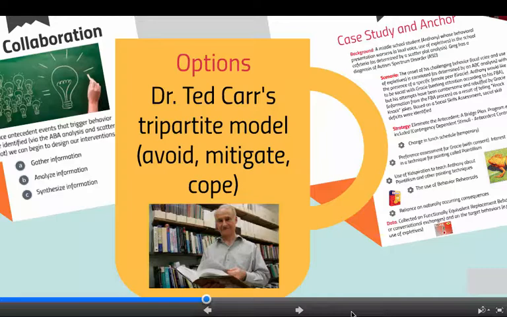With respect to antecedent manipulations, he's indicated that we can teach somebody to avoid things. We can manipulate antecedents so that the circumstances are mitigated for an individual, or we can work with the individual and help them cope with the presentation of antecedent stimuli that may provoke challenging behavior.